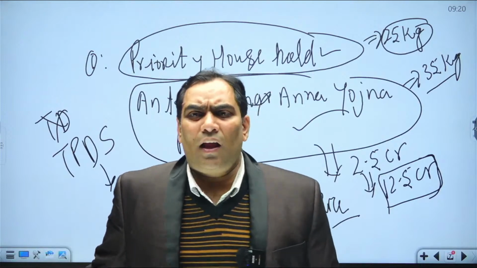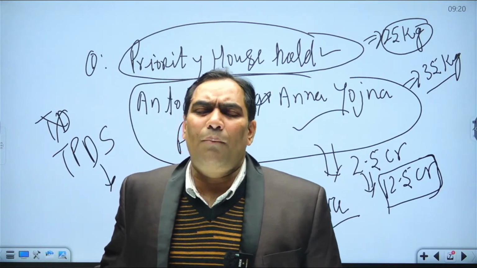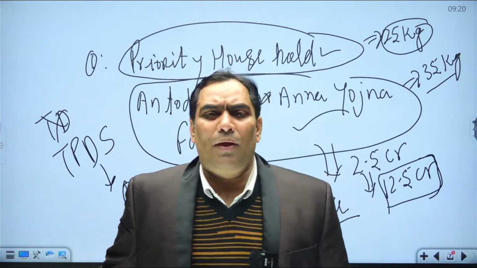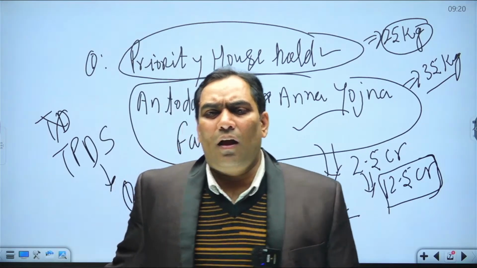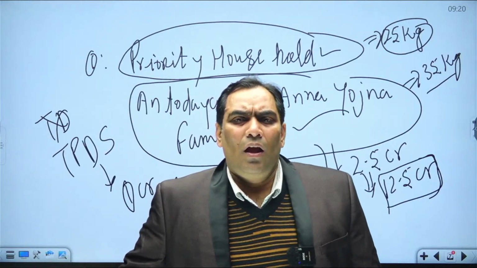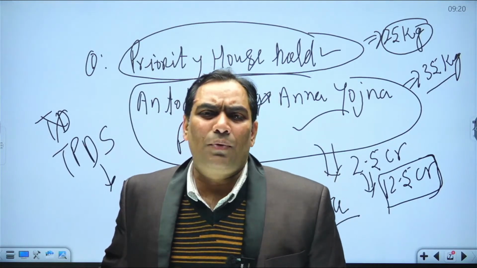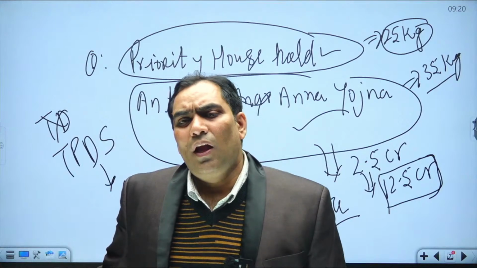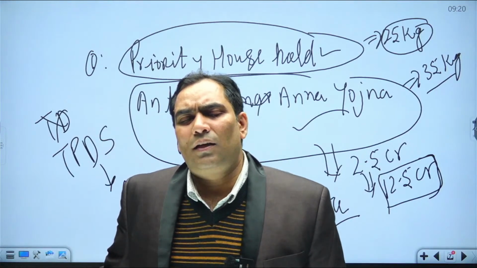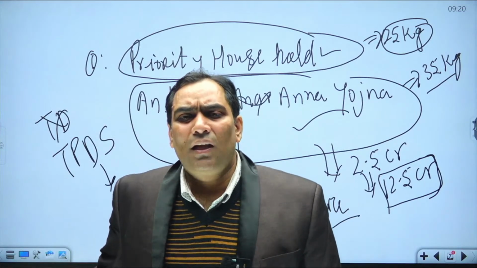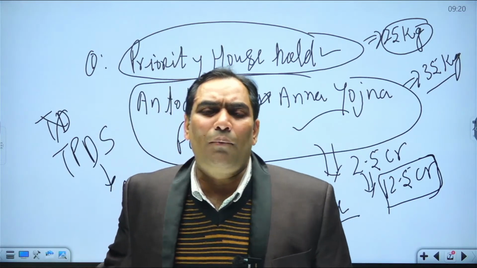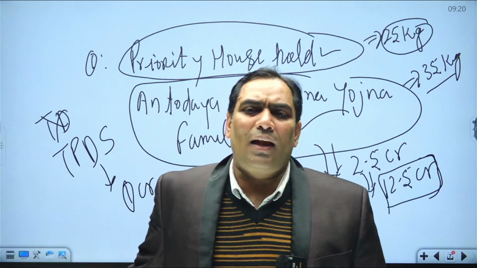In PDS, there was no division between APL and BPL families. Under the PDS system that we were running after independence, there was no difference between APL and BPL; all were getting food grains at a subsidized rate. Targeted PDS means we divided families into the APL category and the BPL category.